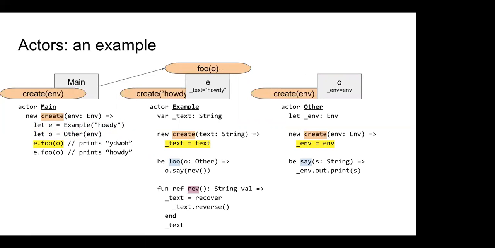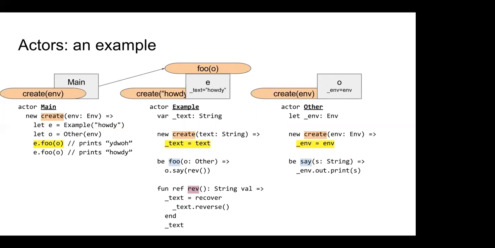Now, in this next slide, what's happened is, remember, main is still running on its own, and now the other actors start running on their own as well. So main now sends a foo message to the example actor. Meanwhile, the example actor has started processing the create message that it received, and it sets its text to howdy.